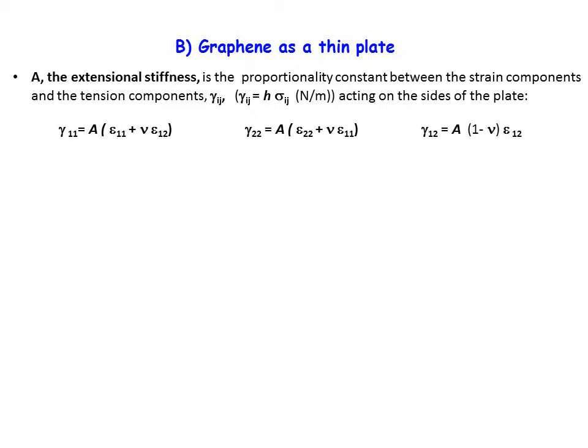The extensional stiffness is just the proportional constant between the strain components and the so-called tension components, which are just the 2D analogs of the stress components. Of course, the number of tension components will be 3 and can be then shown to be related to the strain components through the following relationships.